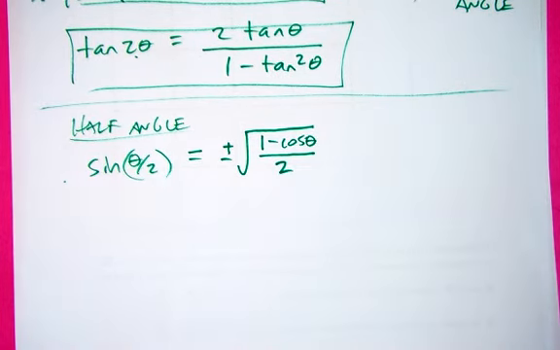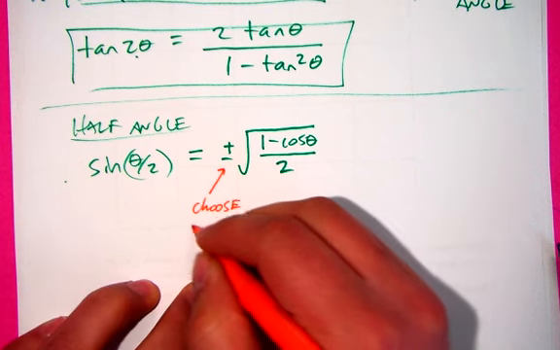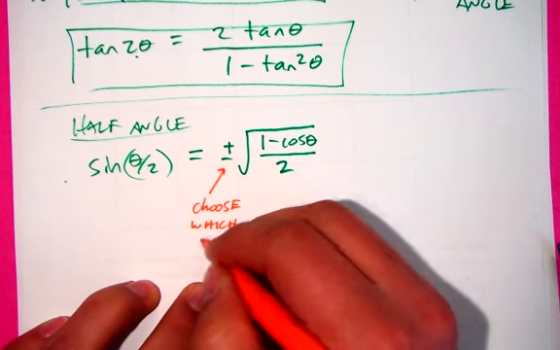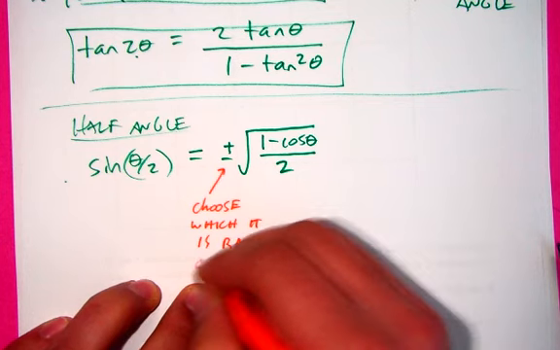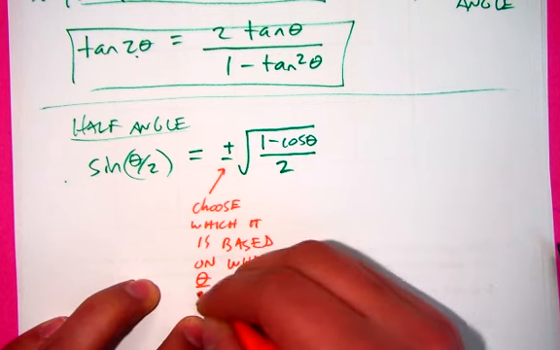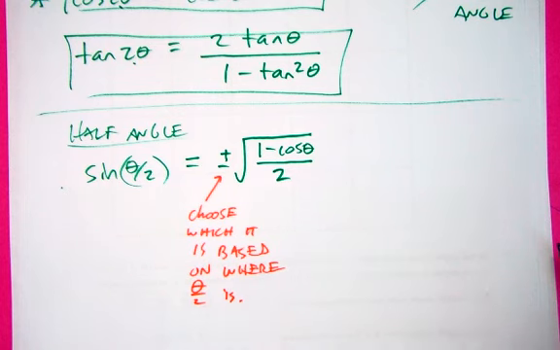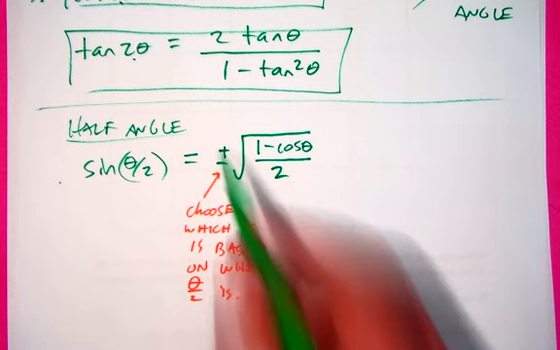And I should clarify that you have to choose which it is, and this is based on where theta over 2 is. Okay? So, we'll do an example here in a little while where we figure out where it is and all that, but not plus or minus for the final answer. It's one or the other.